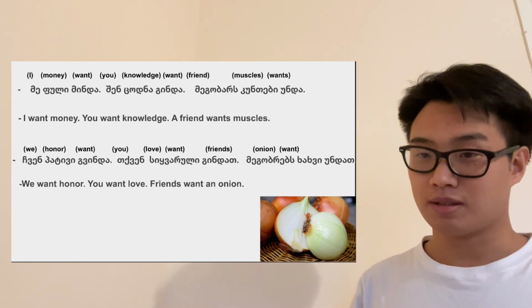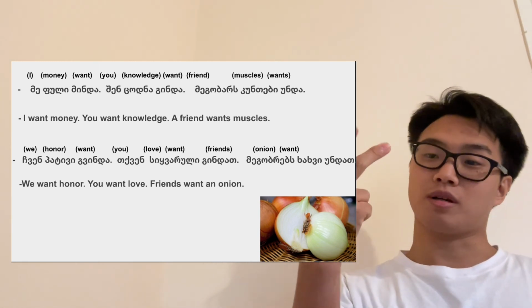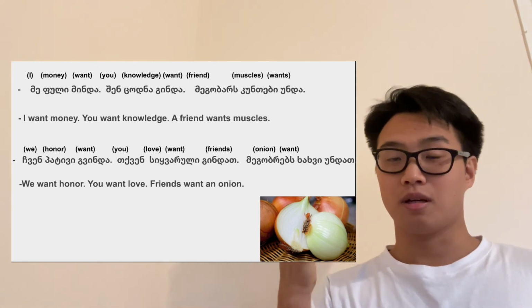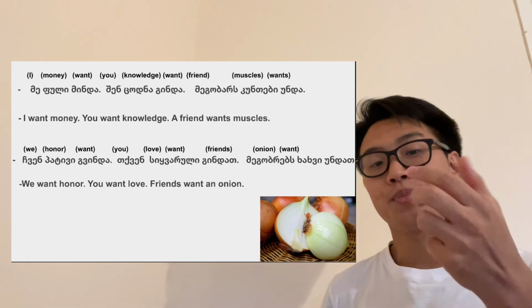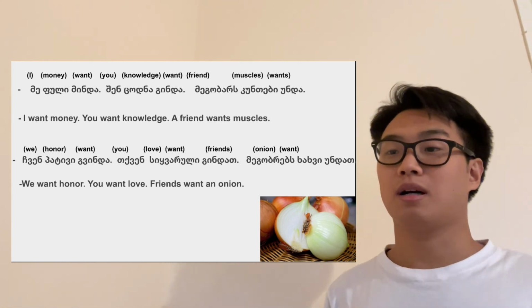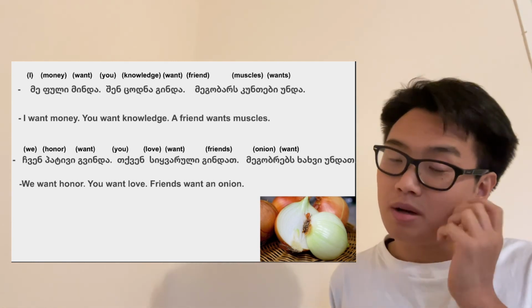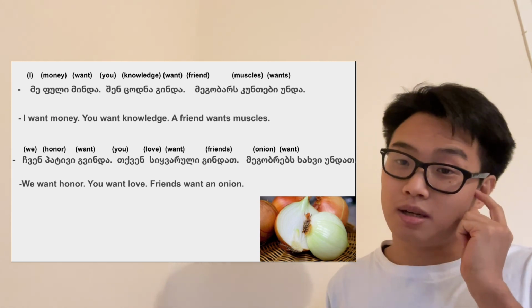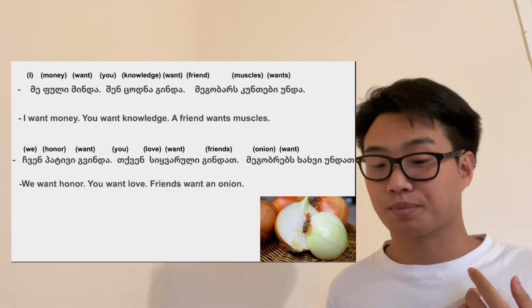As I told you, we can omit these me, shen, chuen, tkwen, because this minda, ginda, gwinda, gindat, this m, g, gv, g, t already shows the subject. So we can omit these words, these pronouns.